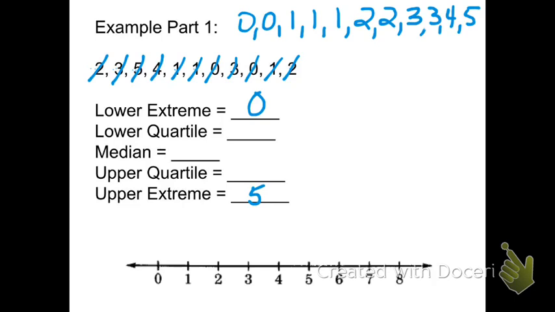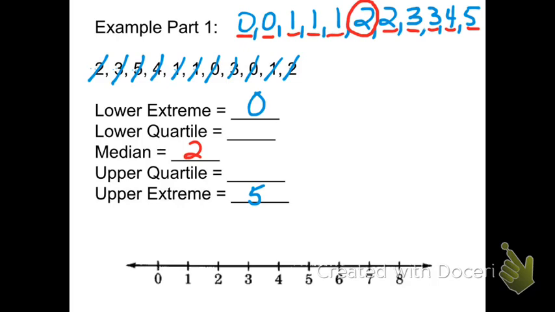If you cross them off, you won't be able to find your lower quartile and your upper quartile. Okay, so we're just going to underline them. So I'm going to start 0, 5, 0, 4, 1, 3, 1, 3, 1, 2. The number in the middle is 2. Circle it. Circle the number in the middle.